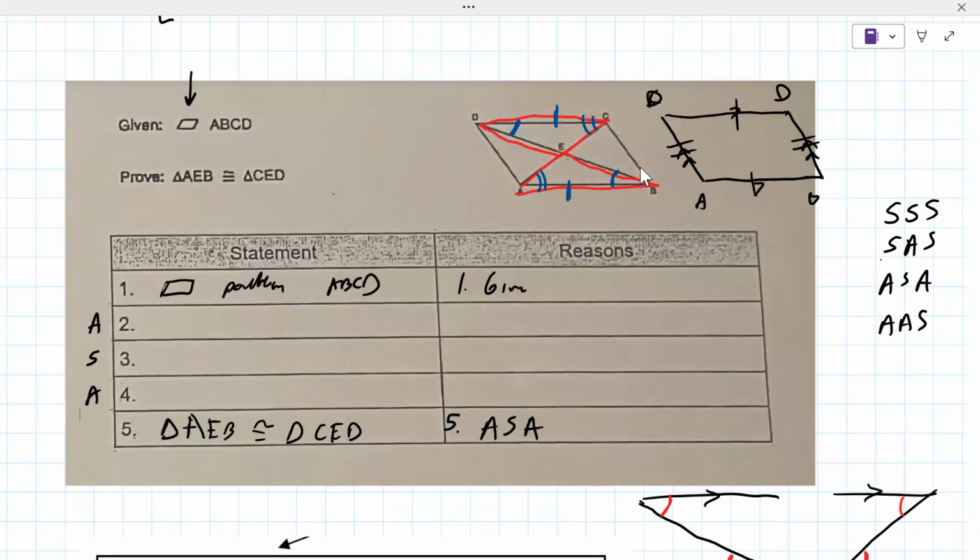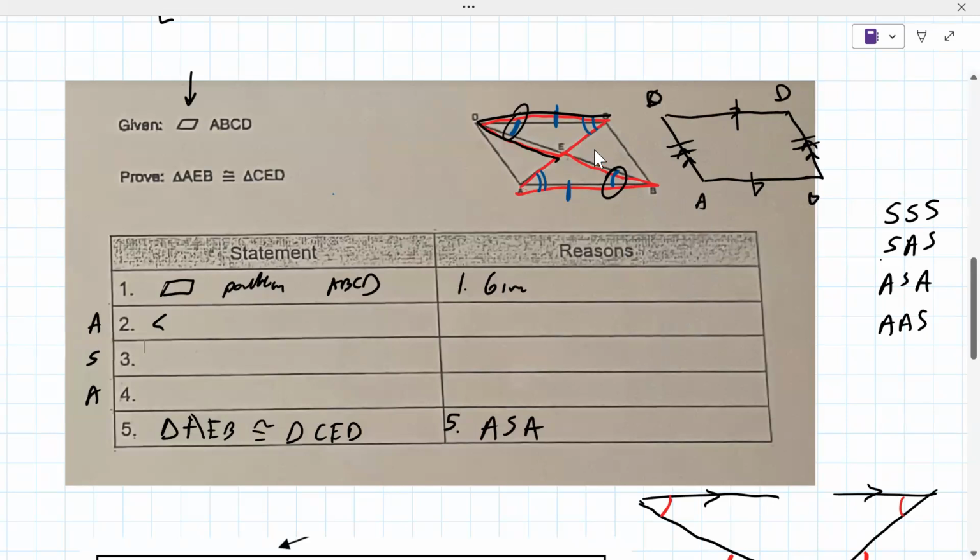Okay, so we can say that, and you have to be really careful with the letters here. What are the three letters that refer to that angle there? DGE, and the middle letter is the vertex.